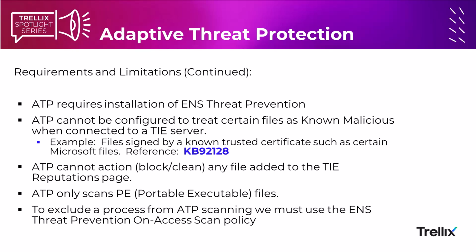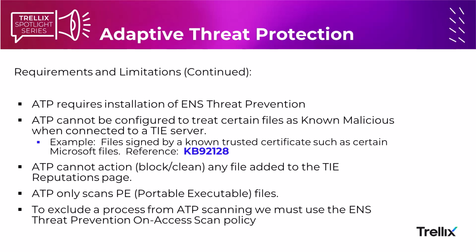There are certain processes that are trusted by Trellix, we'll say, right? A certificate known and trusted to us. And as part of the trust built into the AM core content, those files cannot have a reputation overridden, right?